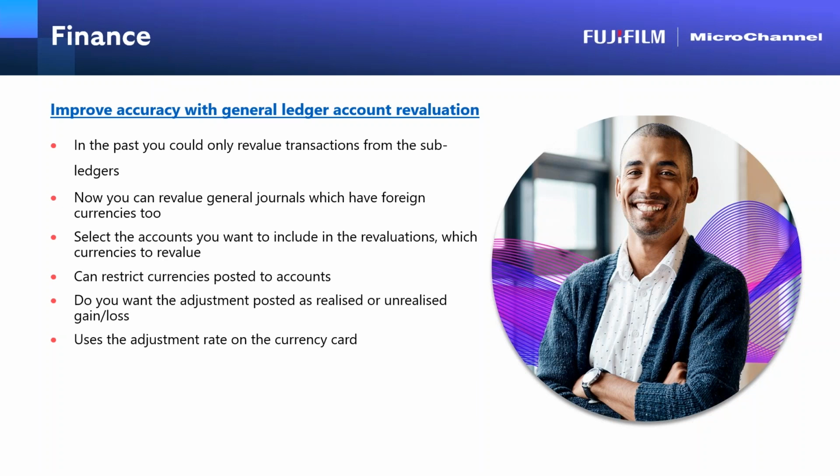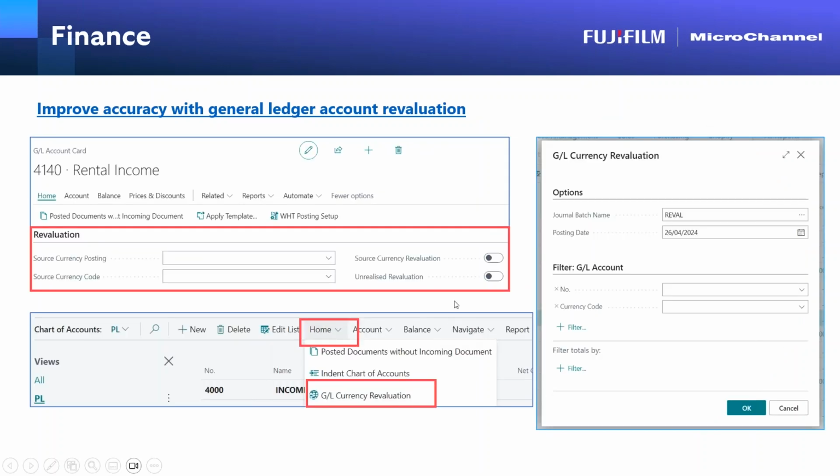Again, you can decide which accounts need to be included in the revaluations, what currencies are to be involved, and more importantly, where you want that adjustment to go to. Do you want it to go to the realized gains and loss or unrealized gains and loss accounts? And don't forget, when you do these adjustments, to use the adjustment rate on the currency card.